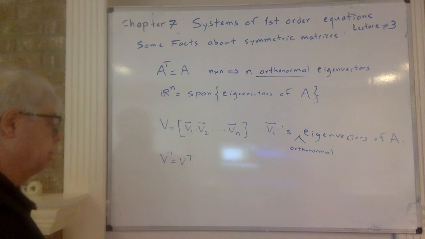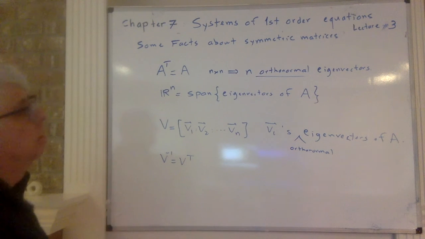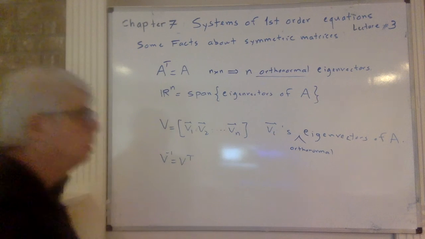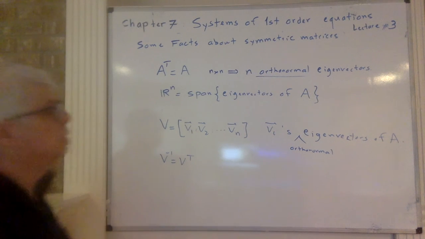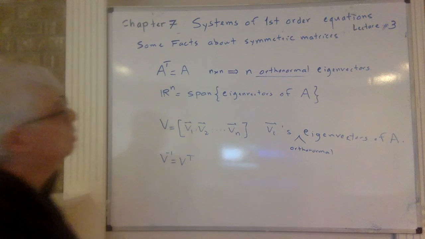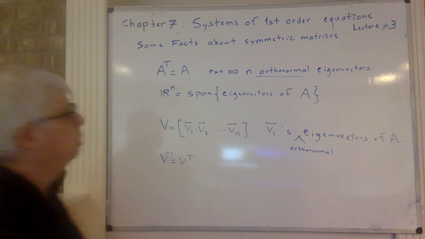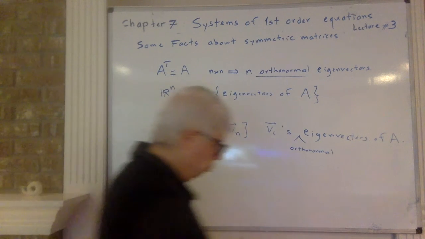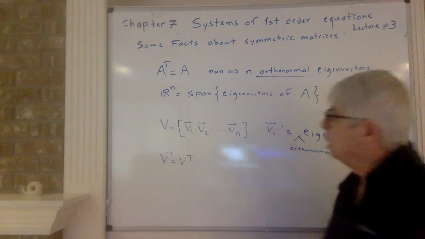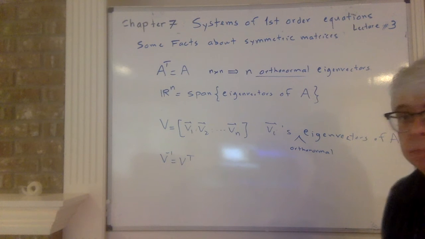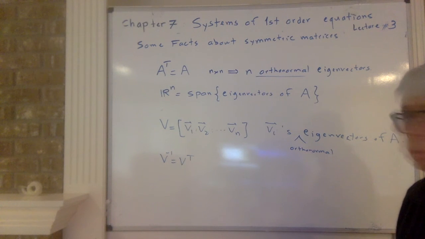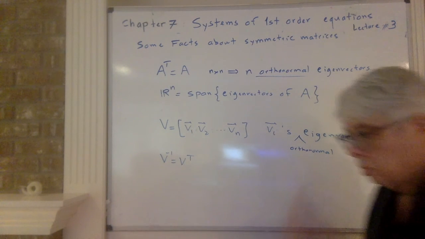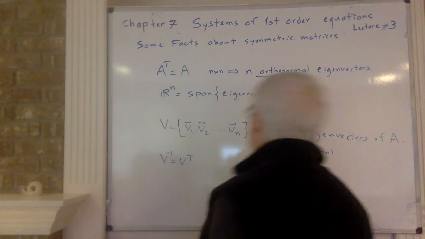It's not for this class, but you can do that using an algorithm called the Gram-Schmidt process. But anyway, if you just pick an n by n symmetric matrix and find eigenvectors, then you have an orthonormal basis for Rn.